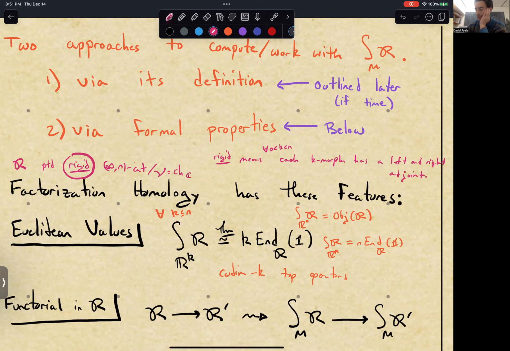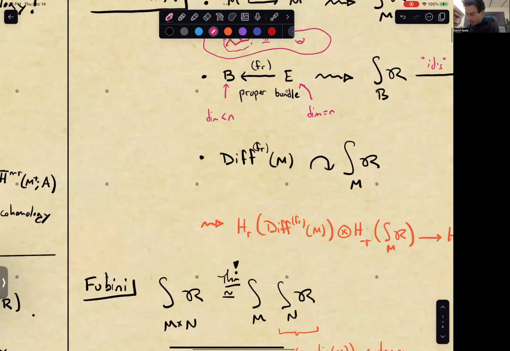And as I commented earlier, BA is rigid if and only if A is a rigid monoidal category. And that's as a 2-category. So that's why it's a generalization of that. That's why that term is used. I'll say what Morita invariance means.